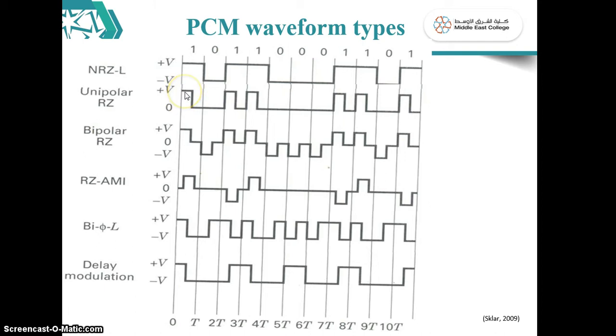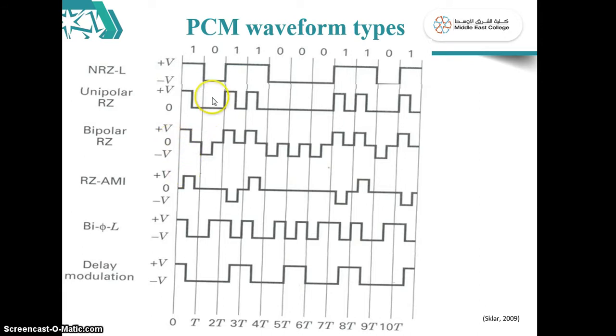Unipolar means 1 is represented by plus voltage and 0 is represented by 0, only one polarity. Bipolar means 1 is represented by plus V and 0 is represented by minus V.